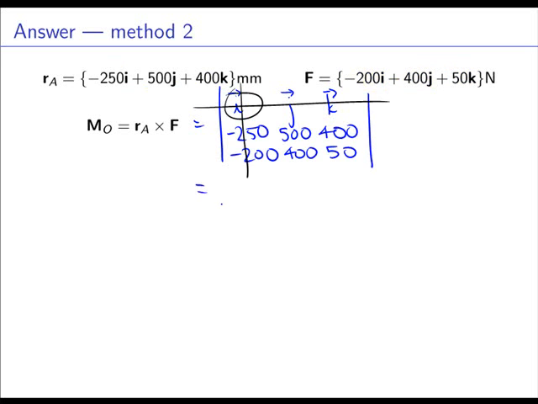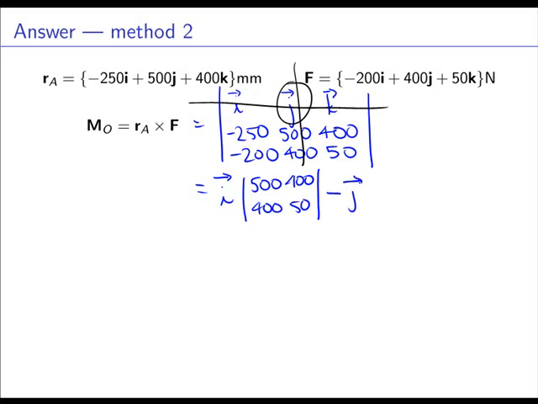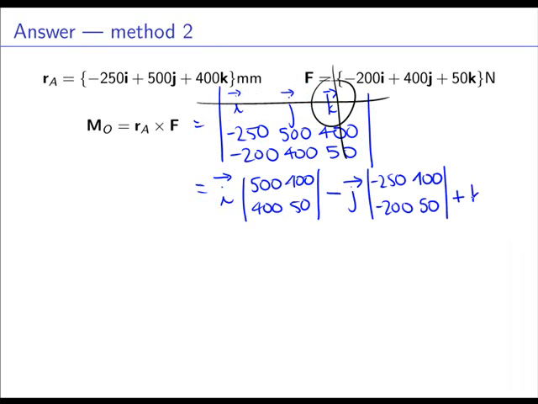Then that equals i times the determinant of 500, 400, 400, 50, minus j times the determinant of minus 250, 400, minus 200, 50, plus k times the determinant of minus 250, 500, minus 200, 400.